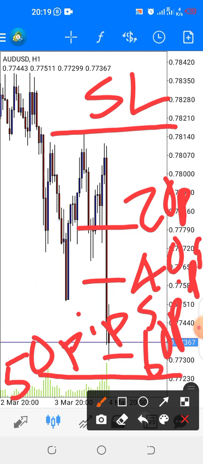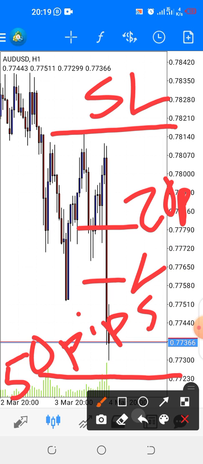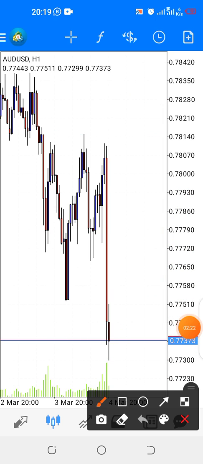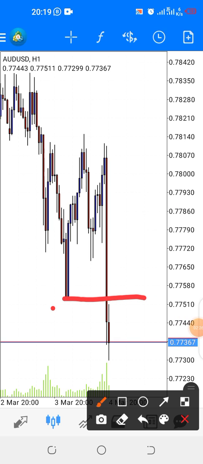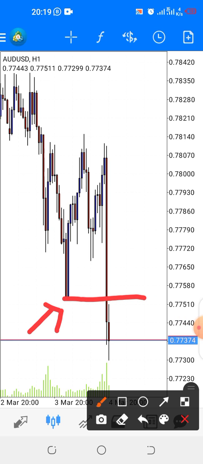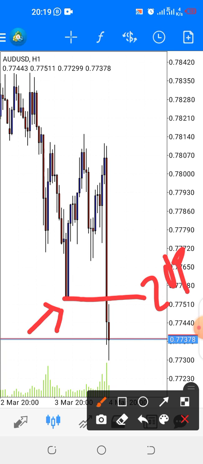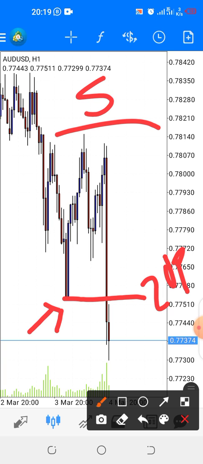So let's assume the trade is around that level, it's already in 20 pips profit. Remember the initial SL was somewhere about around there.